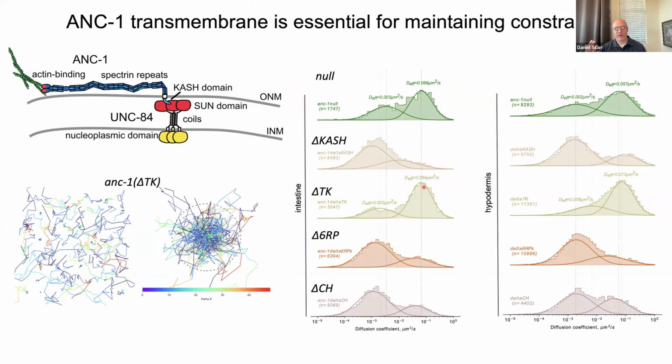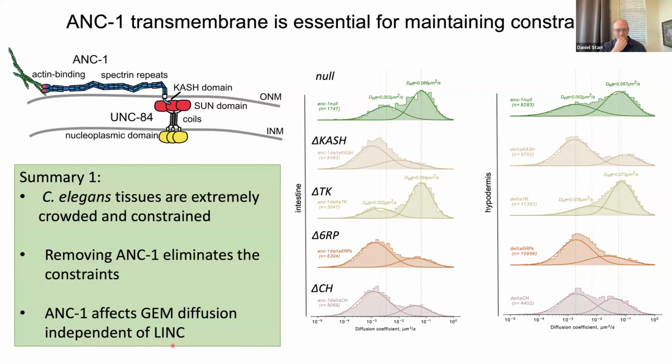So we think that ANK1 constrains gems by binding to the ER membrane through its transmembrane domain. It doesn't need the luminal KASH domain, it just needs to get to the ER. And then the spectrin repeats could act as a scaffold, which most spectrins do. They scaffold membranes to set up some sort of constraining mechanism.